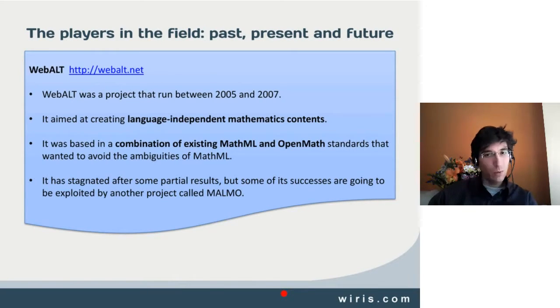It had some good results, but it was too theoretical. And the last one that I present is Malmo, which is the effort to transform this theory into contents, into something that can be used. Good.